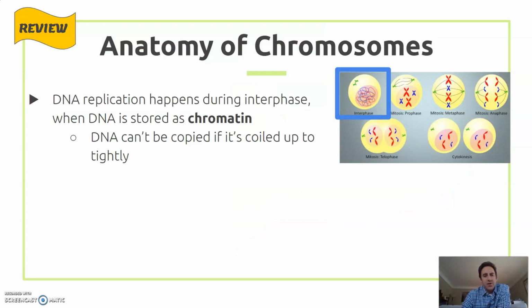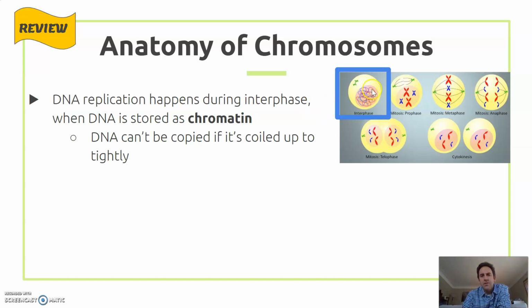So DNA replication, you may remember, happens during interphase, that first part of the cell cycle here, when the DNA is stored as chromatin. And since chromatin is kind of loosely coiled up, we use these squiggly lines to represent the DNA there. And the reason why DNA is copied in this phase is because if the DNA is coiled up too tightly, then it's hard to get in there and make copies of it.